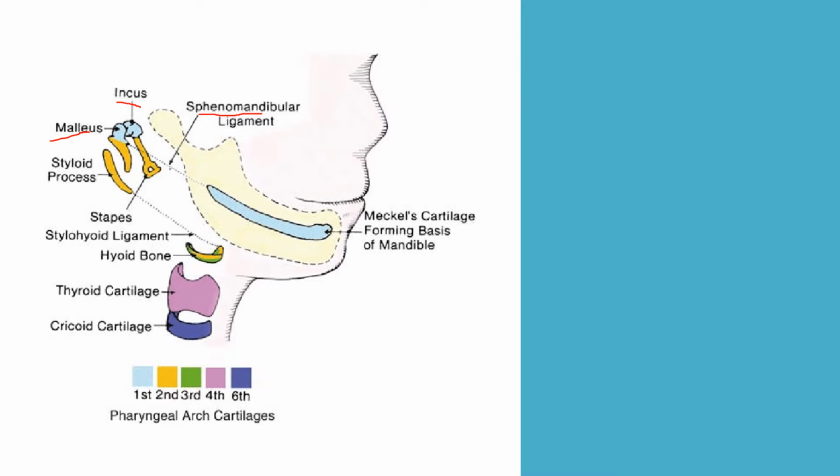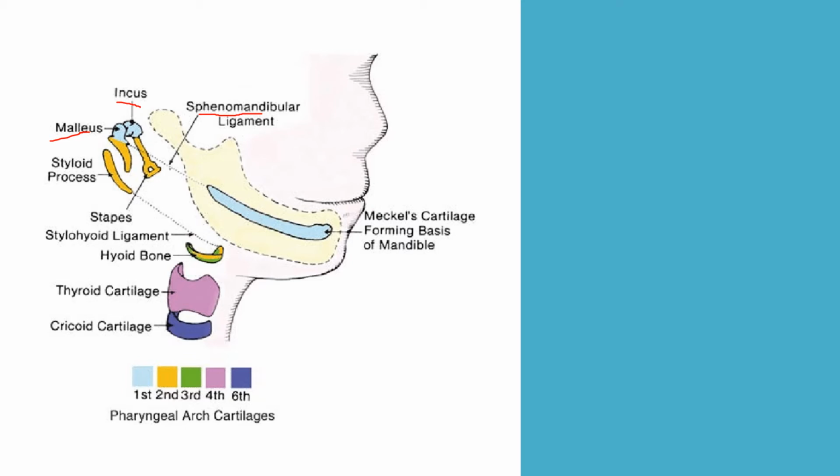This is nothing but the fibrous membrane. And the ventral part is going to form the body of the mandible, which extends from the mandibular foramen to the mental foramen.